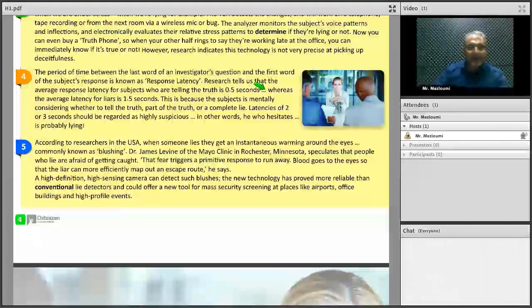The subjects, let's say the suspects, are thinking about whether to tell the whole truth, part of the truth, or be economical with the truth, and while considering, of course, they're losing some time and it takes longer for them to answer.